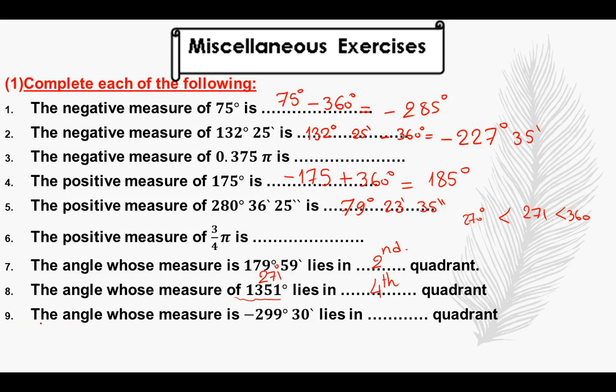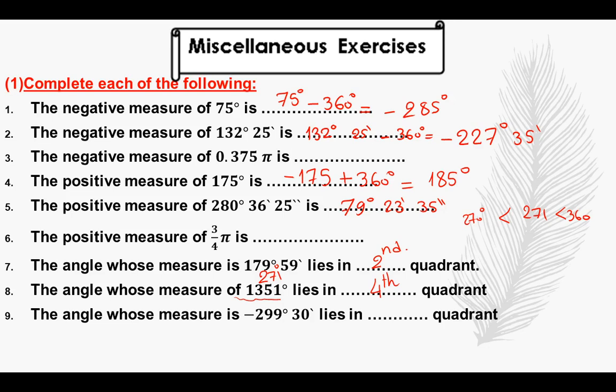Example 9, the angle whose measure is negative 299 degrees and 30 minutes. Here, this is a negative angle. It's better to transfer this angle to a positive one. To know its quadrant, you have to change it from the negative measure to the positive measure. So we will write negative 299 degrees and 30 minutes plus 360.